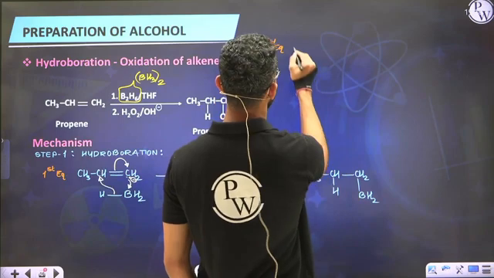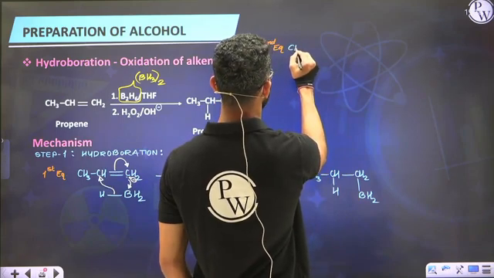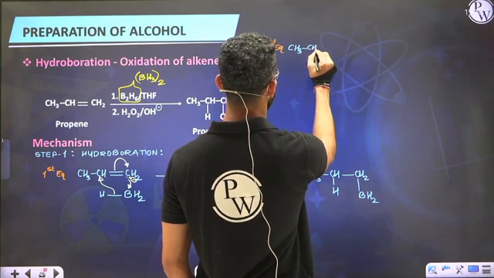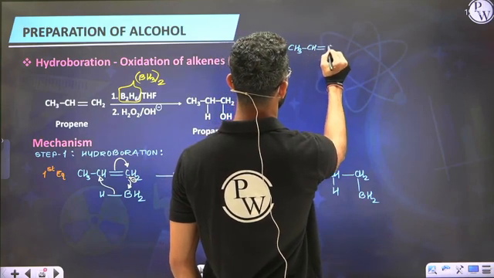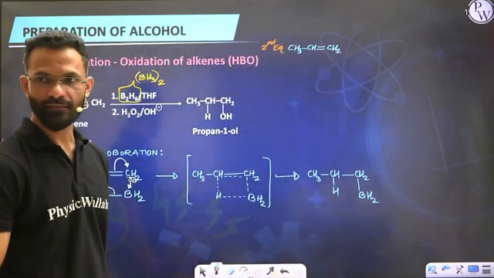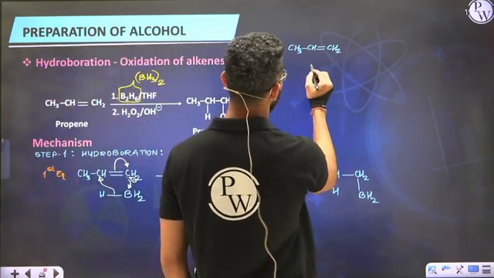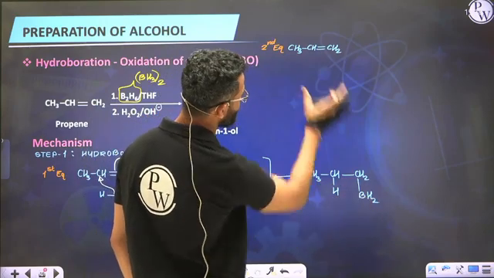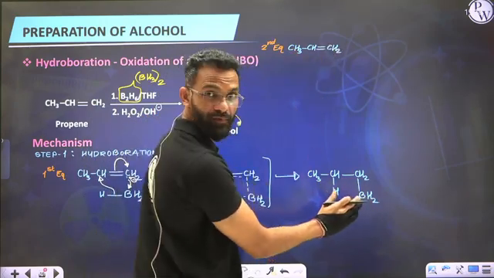So the second equivalent of propene is here. CH3 single bond, CH double bond, CH2, right? And now we have got this compound, because these two H's are going to get replaced by the propene molecule, right?